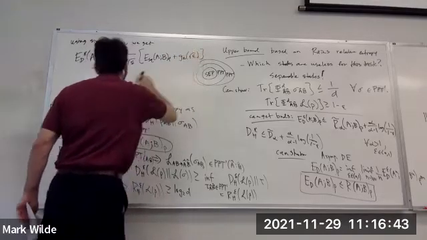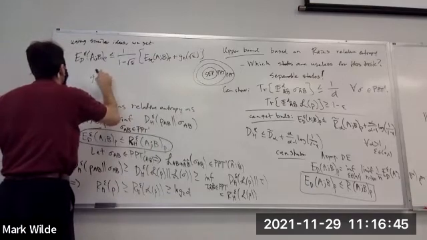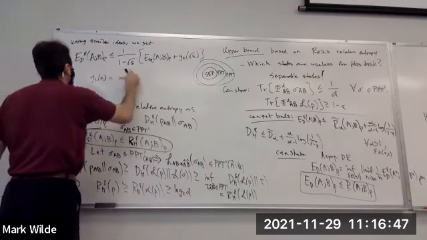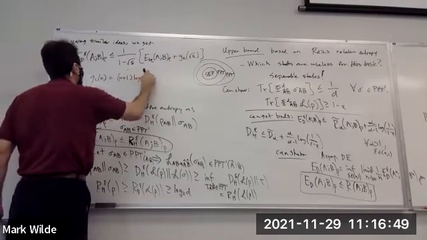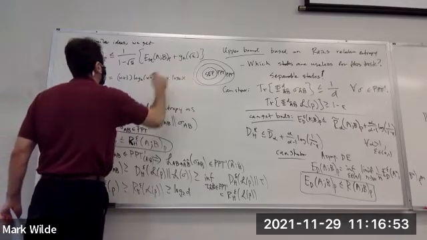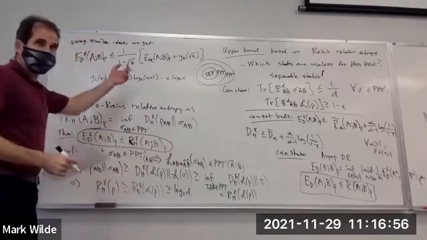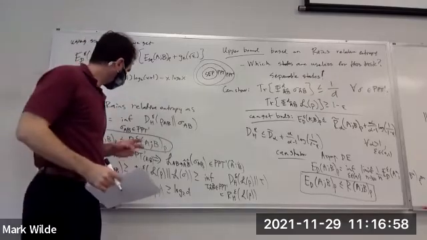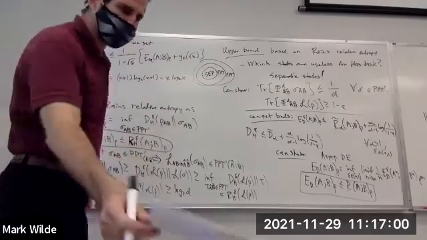Okay, so this G function is (x+1) log base 2 (x+1) minus x log x. So that bound you can get. How do you get it?